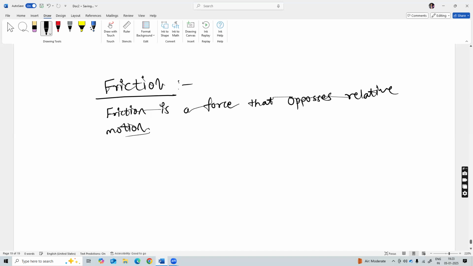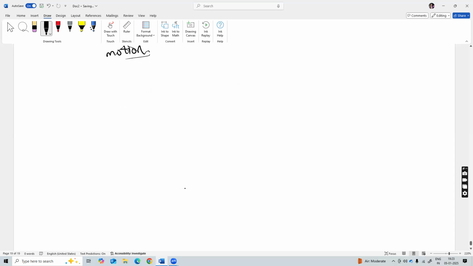So let's say we have the earth, meaning the ground, and some object is moving with some velocity v, or let's say it is moving with some acceleration a. Friction is a force that will try to resist this motion.